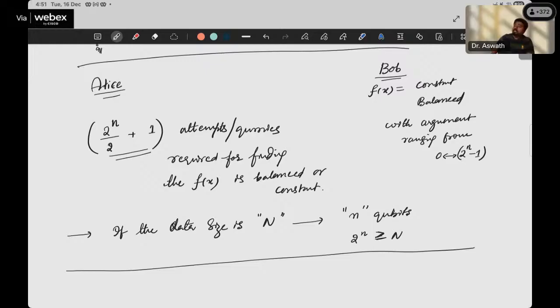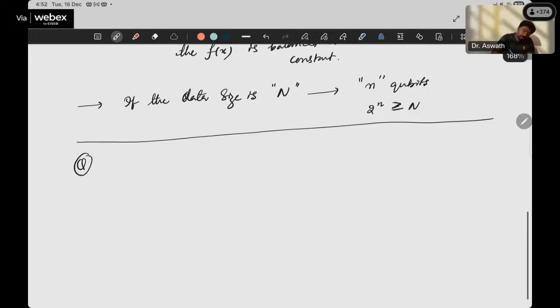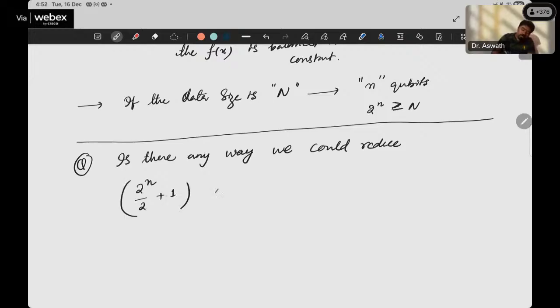Now the question is, is there any way we, or anyone, can reduce 2 to the power of n by 2 plus 1 to a smaller number?